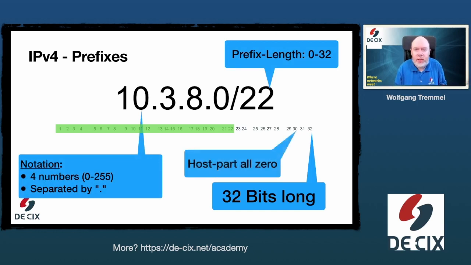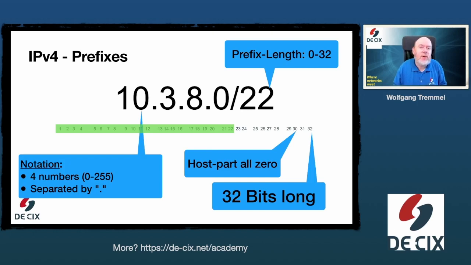And also here, the host part is all zeros. Another important point is that in IPv4 and IPv6, the boundary between network part and host part can be anywhere. This is the reason we always write it down. We write here /22, in this case, an IPv4 prefix with 22 bits in the network part.